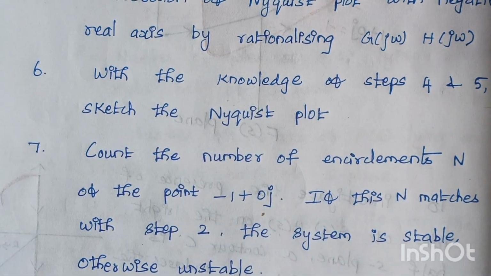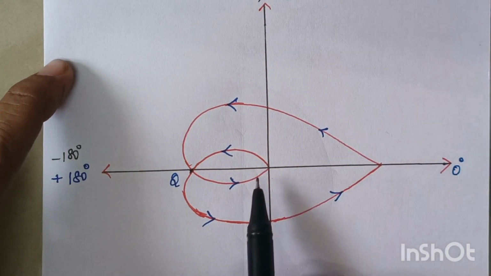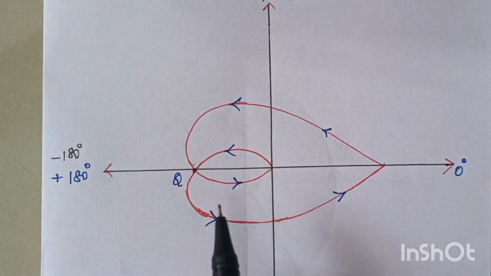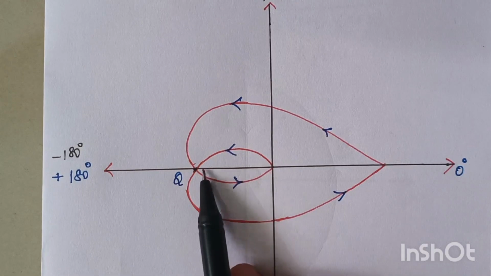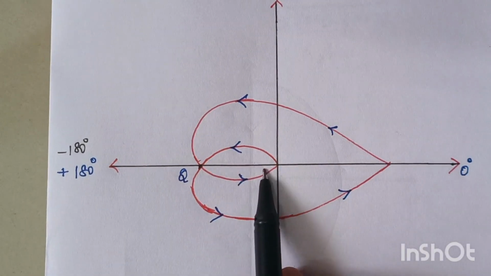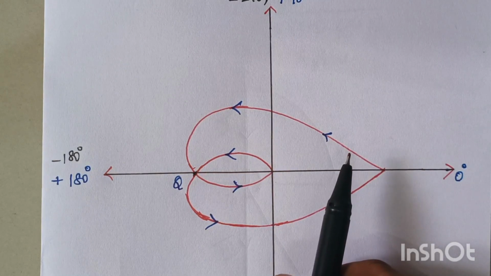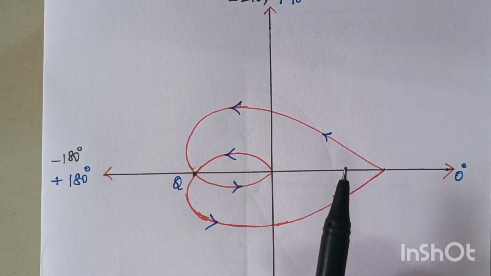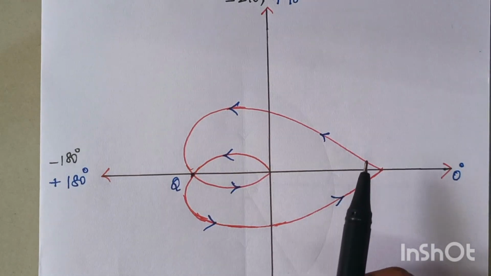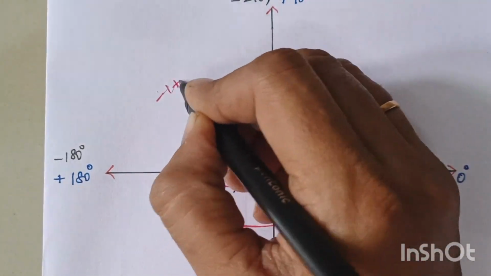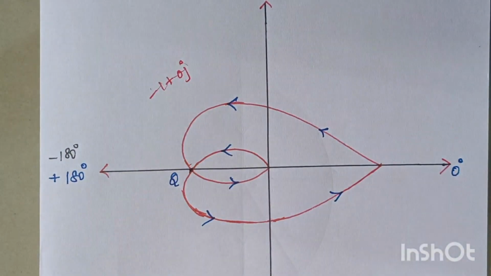Here there is an encirclement, right? If the point lies inside this path, then that point is said to be encircled. But here, we have to check whether the point minus 1 plus 0j got encircled.